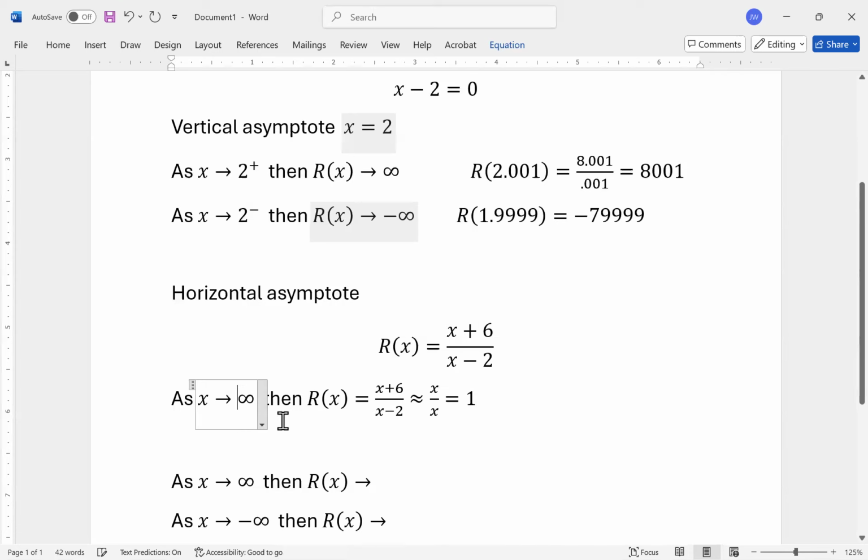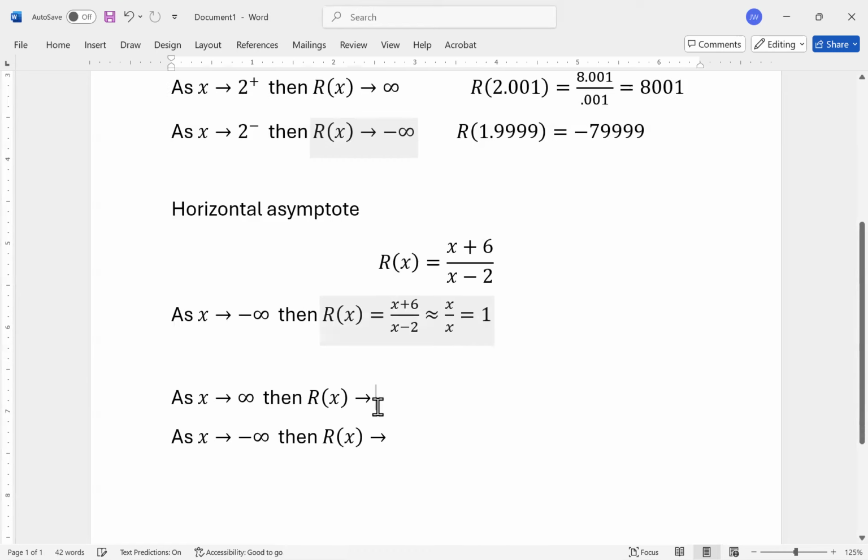Now, that is going to be true also if x gets towards negative infinity. If x is going towards negative infinity, then the leading terms are going to determine what happens with this rational function. And therefore, this rational function goes to 1 because x over x is equal to 1.